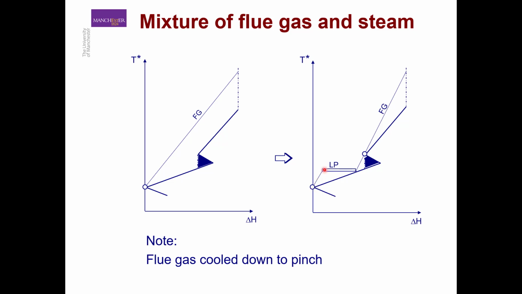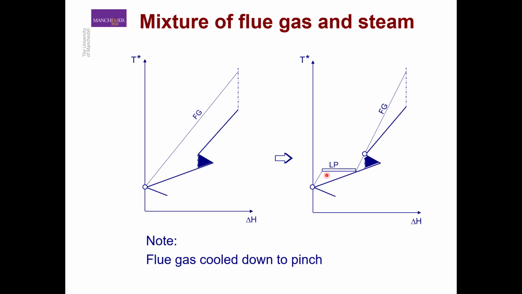So we are still using this part of our process heating by using the flue gas, because we are already paying for it, and the mass flow rate or the amount of fuel that we are using accounts for the total flue gas that is available down to the ambient temperature. So using this small portion of flue gas in addition to LP steam still helps us to save money.